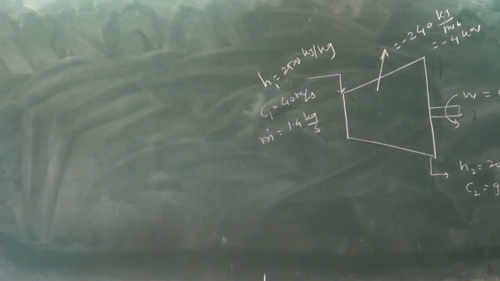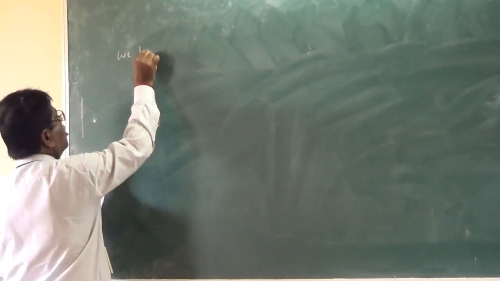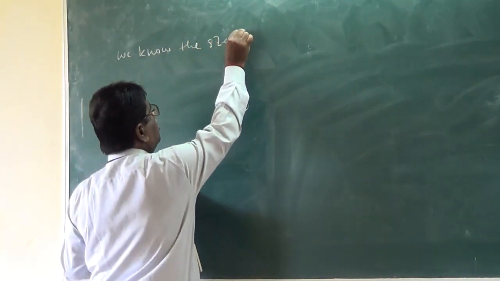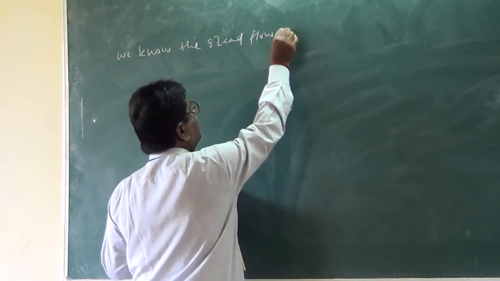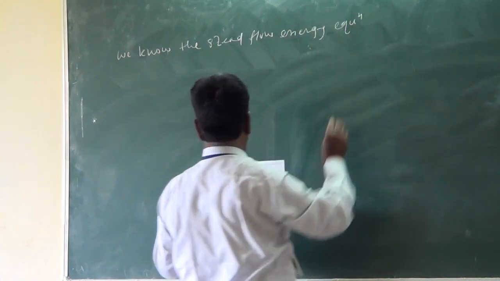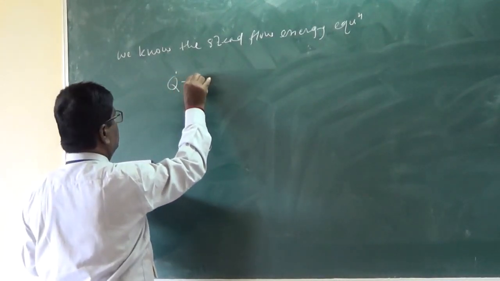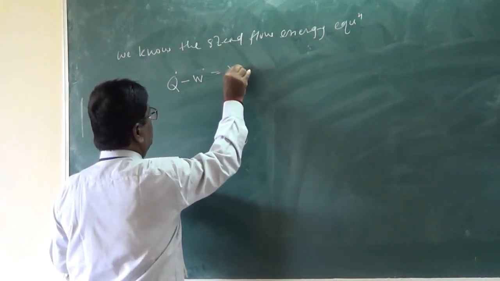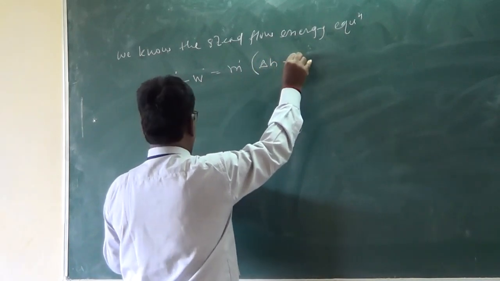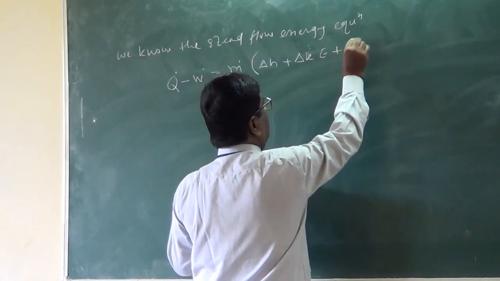We know the steady flow energy equation: Q dot minus W dot is equal to m dot into bracket delta H plus delta K plus delta P.